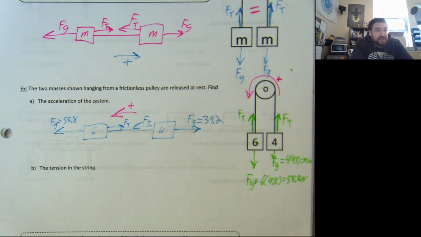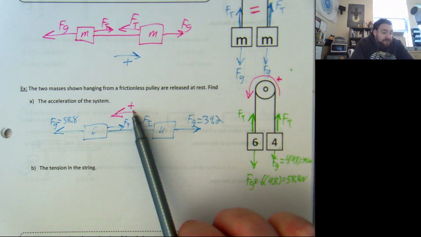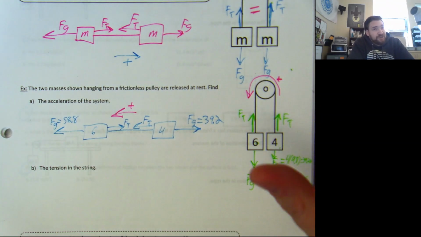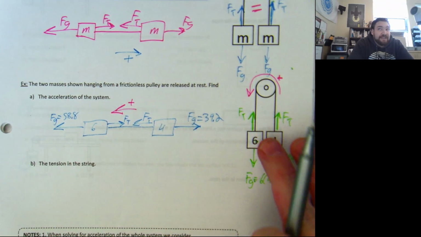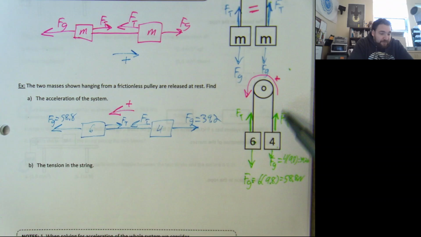And to find the acceleration of the system, we approach it the exact same way we did yesterday, or Friday. It doesn't matter which way you choose to set it up. You don't have to redraw it like this. You can leave it like this. You just need to be careful with what you're calling positive.